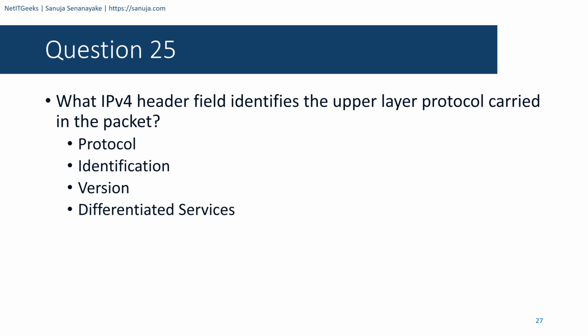So again, if you understand the packet headers, the answer to this question is the protocol. I'm not going to show you that IPv4, IPv6 diagram again because I showed you a couple of minutes ago. So remember, it is the protocol field in the IP header that identifies the upper layer protocol which the packet is carrying, and the version field identifies the IP version.